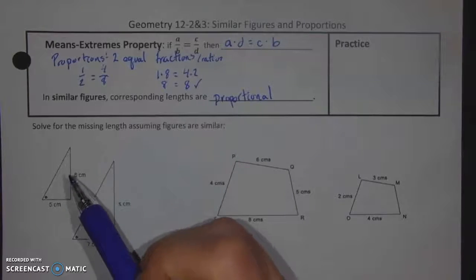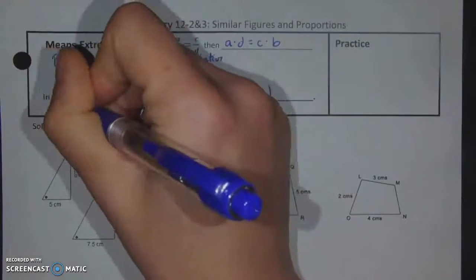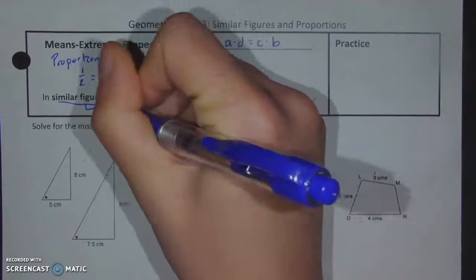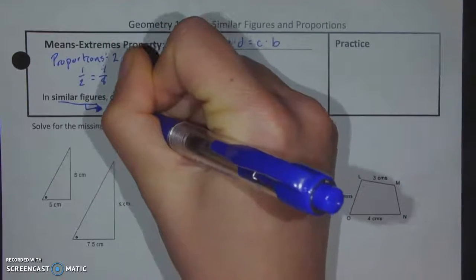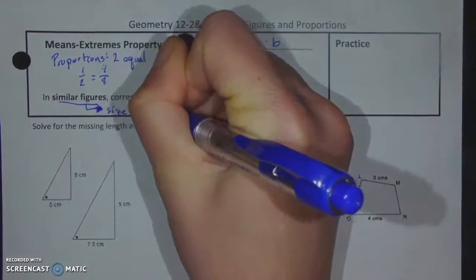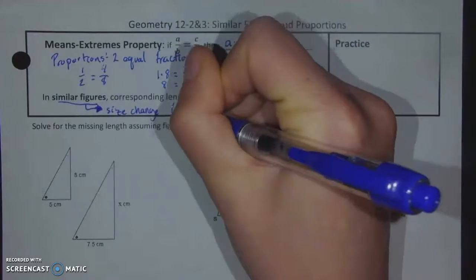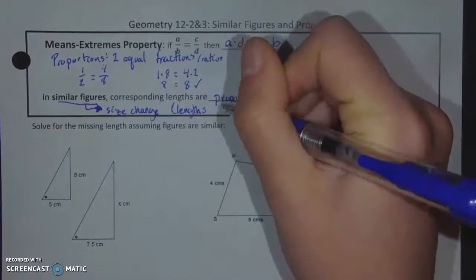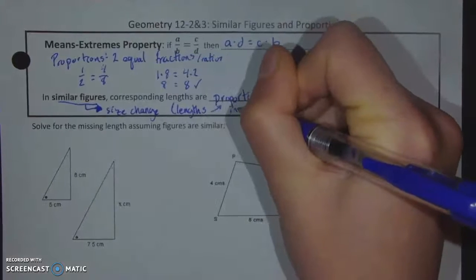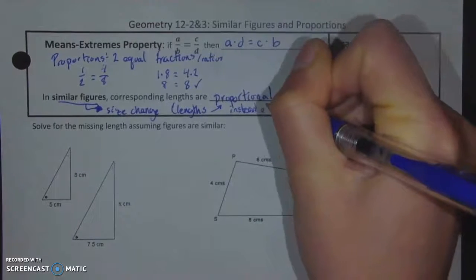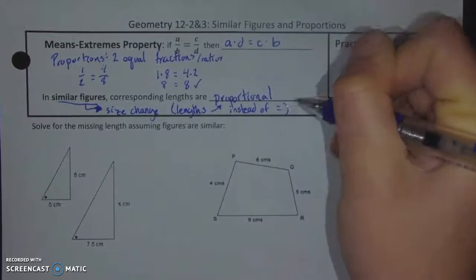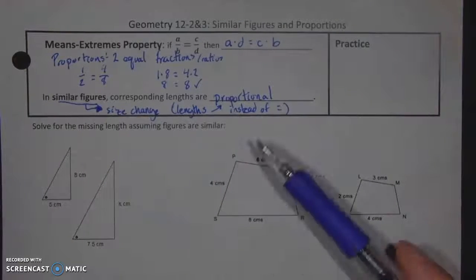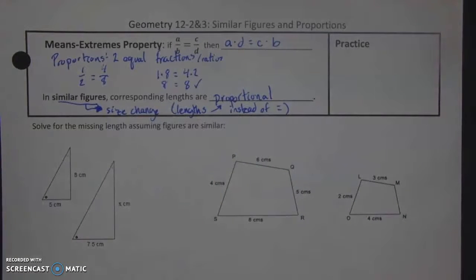It's just undergone a size change. So just keep that in mind when we're talking about similar figures. They've undergone size changes, and the only thing that is different about them is that the lengths are now proportional instead of equal. Or the sides are now going to be somewhat similar, but they are no longer congruent.